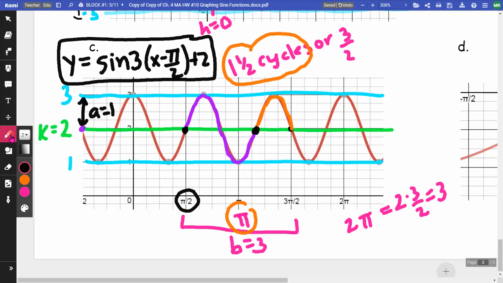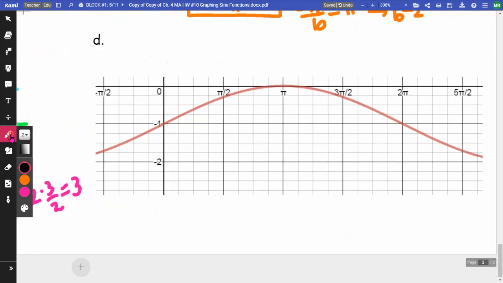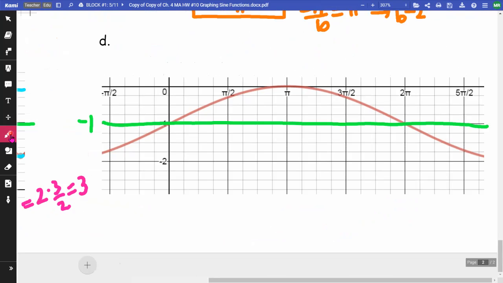So on D, looking at this, it looks like this is going to be my vertical shift at -1.